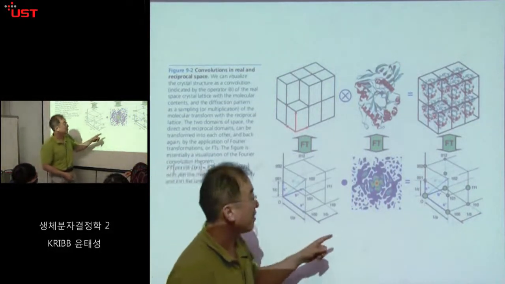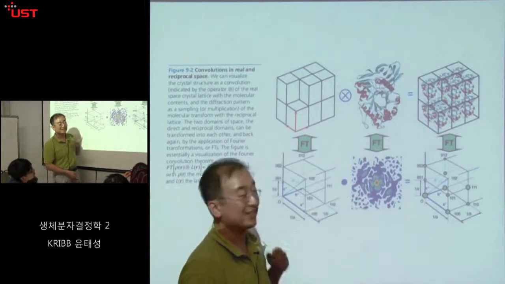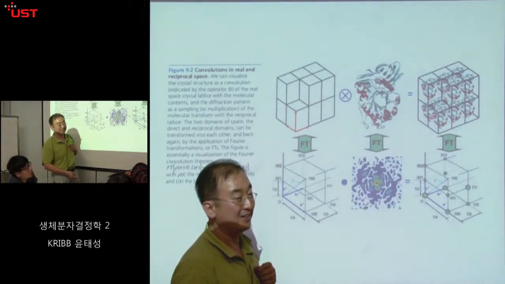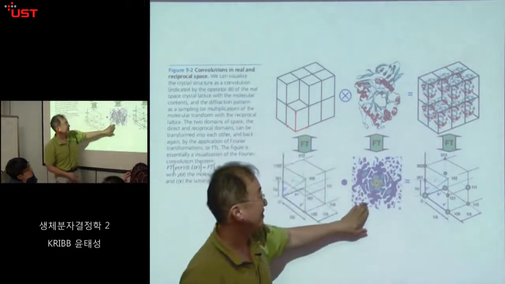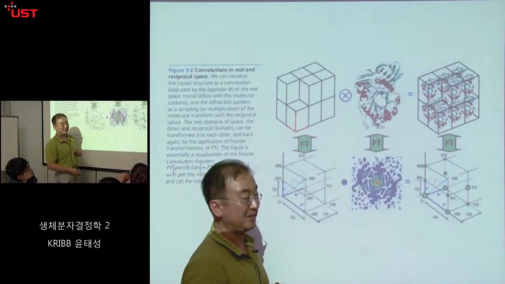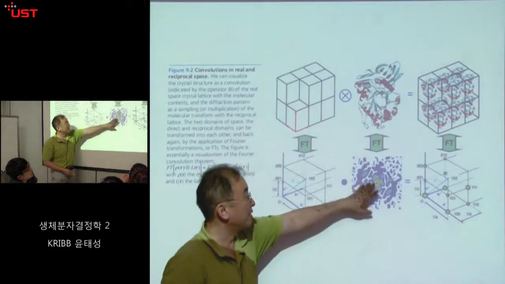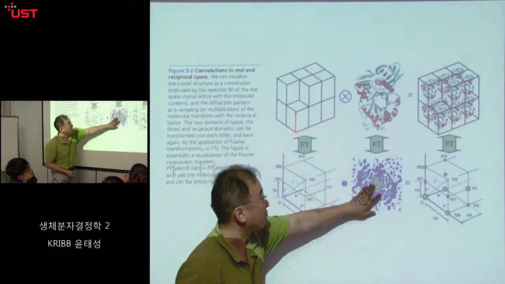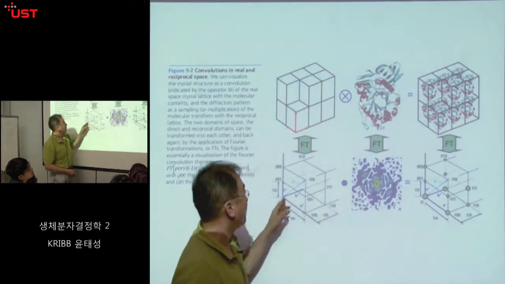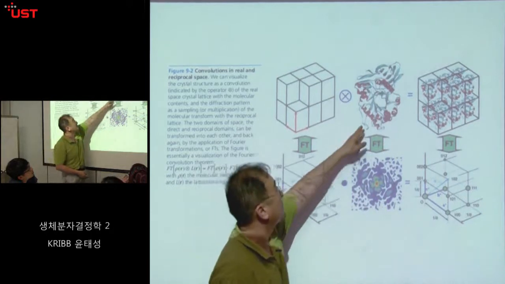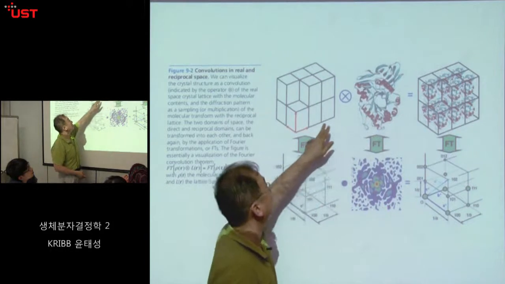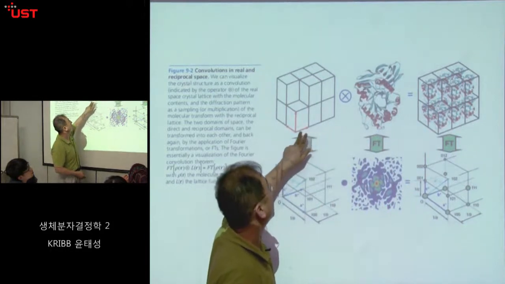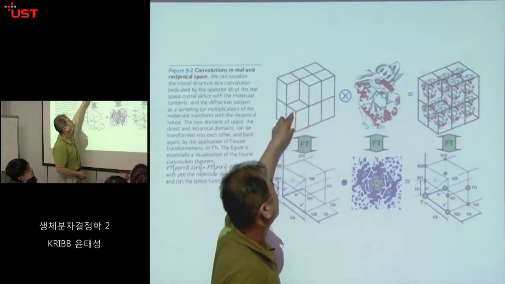That is the function value taken from where? From the crystal, not from here, but from here. So this is not drawn properly, overlapped here, like this photo of protein structure is not in good scale to be fitted here.